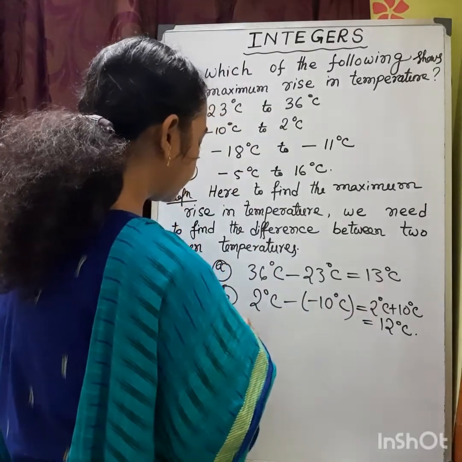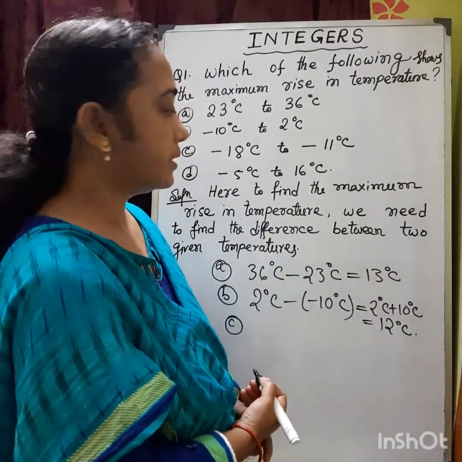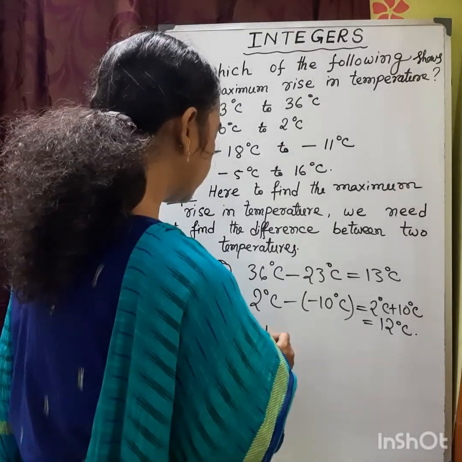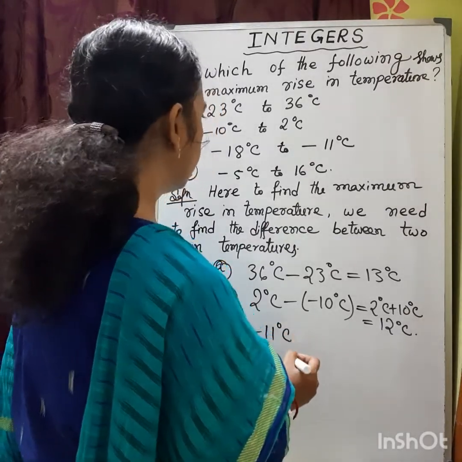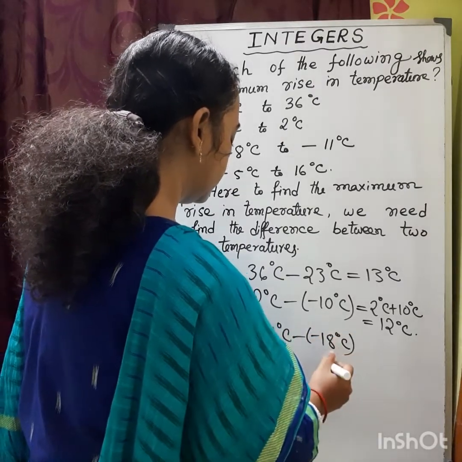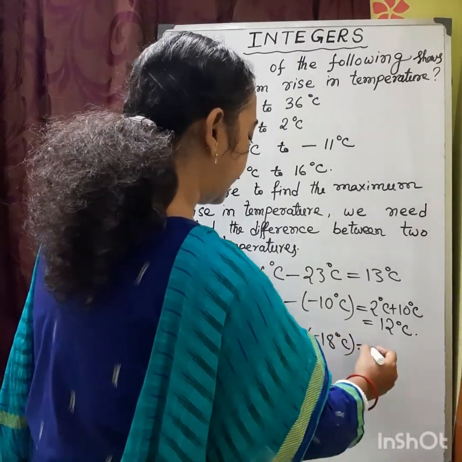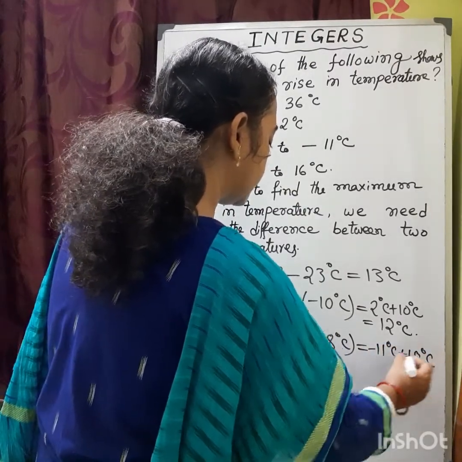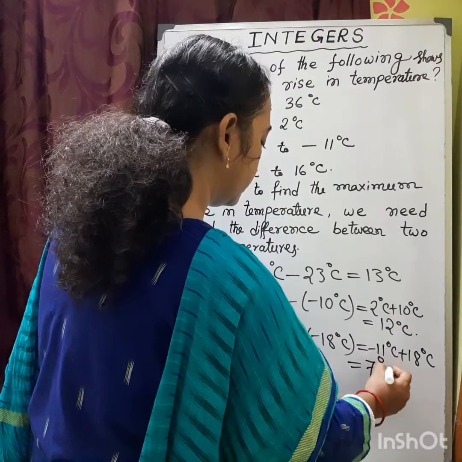Let's see the third option, that is minus 18 degrees Celsius to minus 11 degrees Celsius. So here minus 11 degrees Celsius, then minus of minus 18 degrees Celsius. So this will give minus 11 degrees Celsius plus 18 degrees Celsius is equal to 7 degrees Celsius.